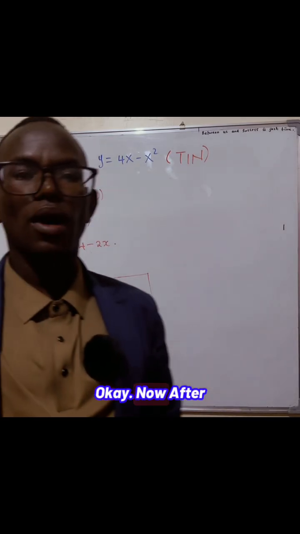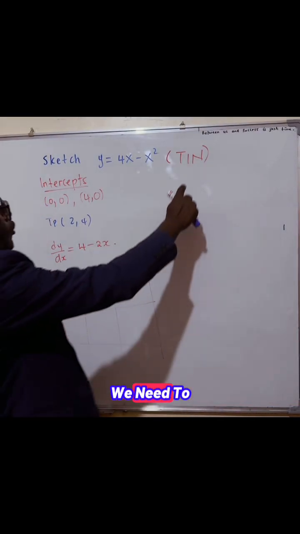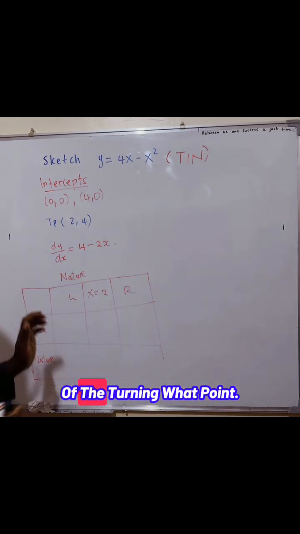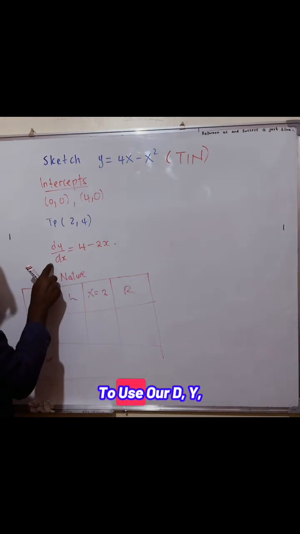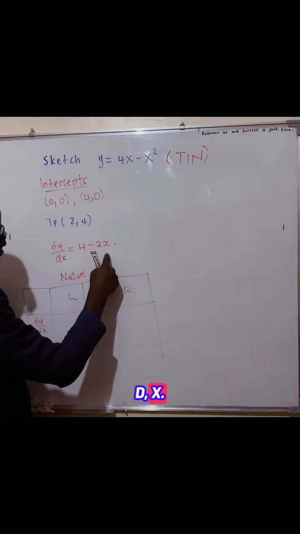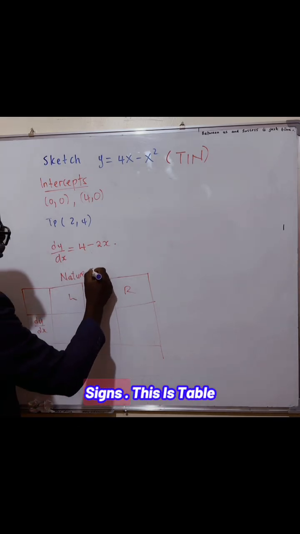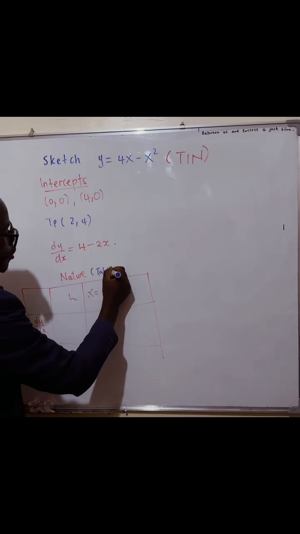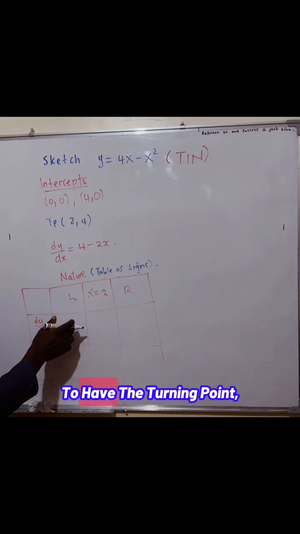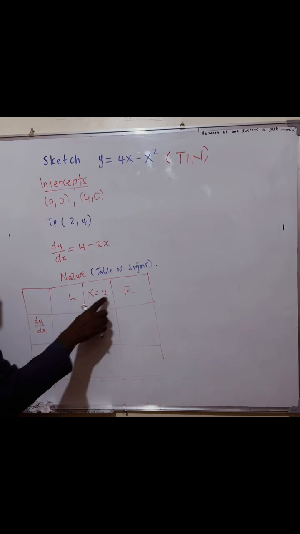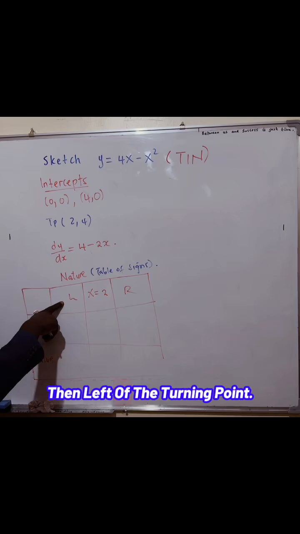Okay, now after obtaining the intercept and the turning point, we need to find the nature of the turning point. Now to find the nature of the turning point, we are going to use our dy/dx. Now we are going to draw our table of signs. We are going to have the turning point, right of the turning point, and then left of the turning point.